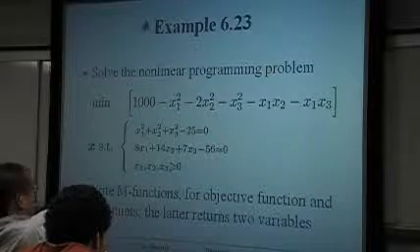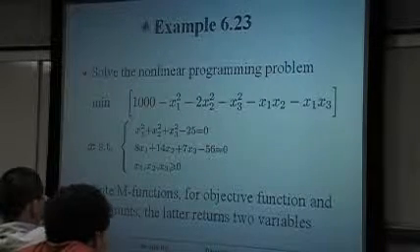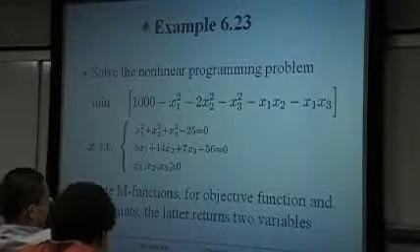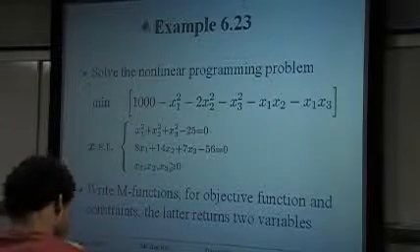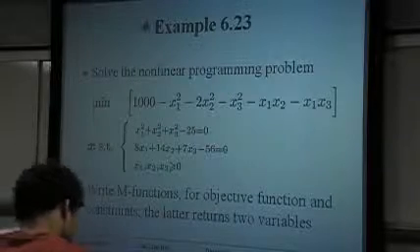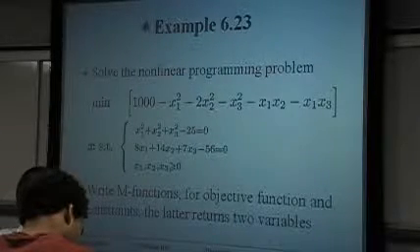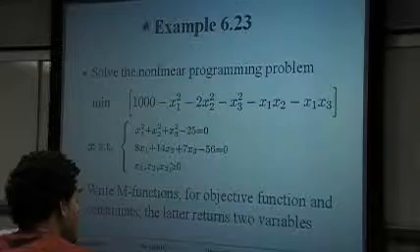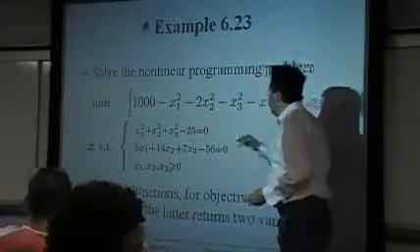You have to return these two variables, equal to a function name of x. This is the standard form to describe a nonlinear constraint.